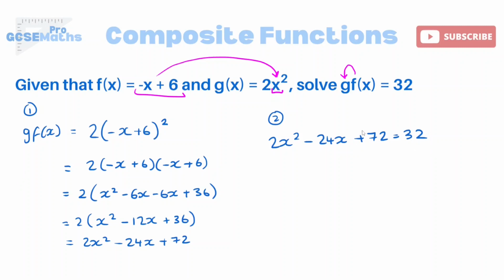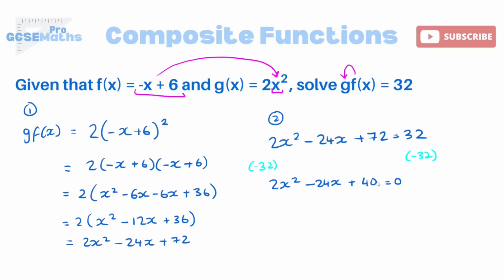So in this case, I'm going to move the 32 across because I want everything on one side. So subtract 32. So I get 2x squared minus 24x plus 40 equals 0. Then you can factorize it like this if you like, but I'd like to make it easy for myself.